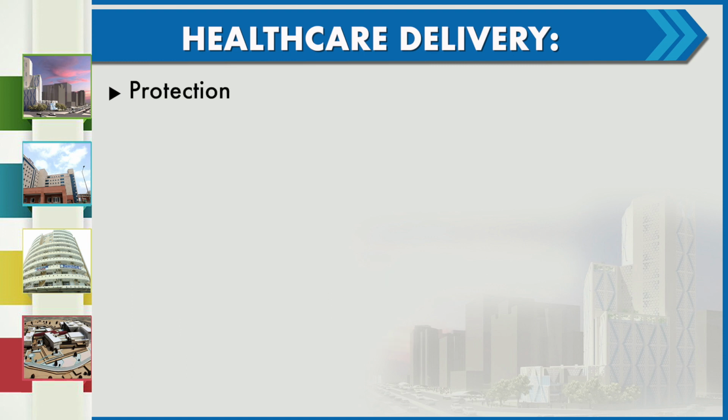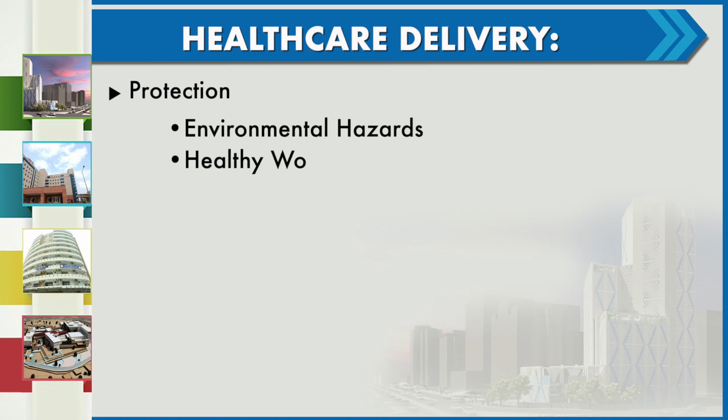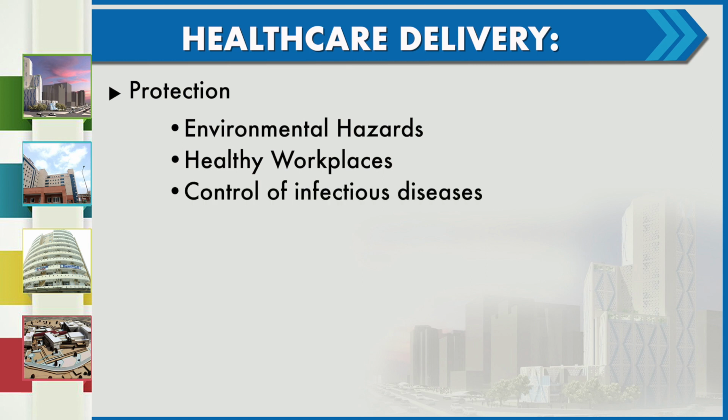So we are talking about protection, wherein we are giving them protection from environmental hazards, we are promoting healthy workplaces for them, we are controlling the infectious diseases and we are managing health emergencies.